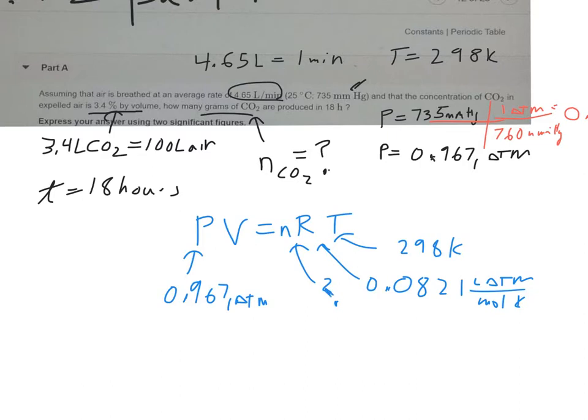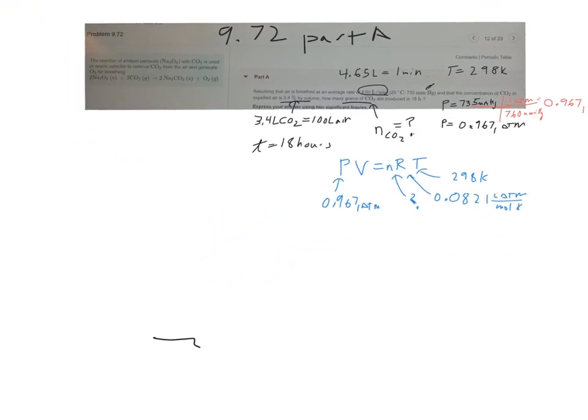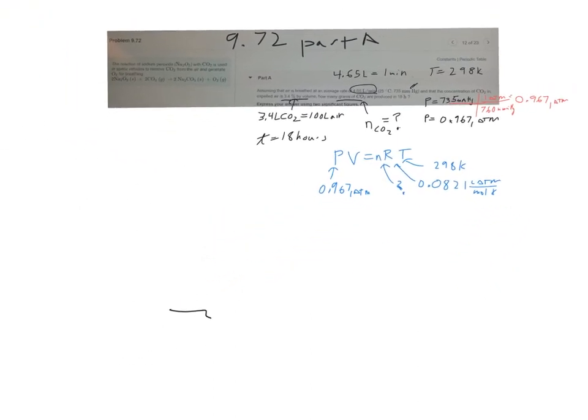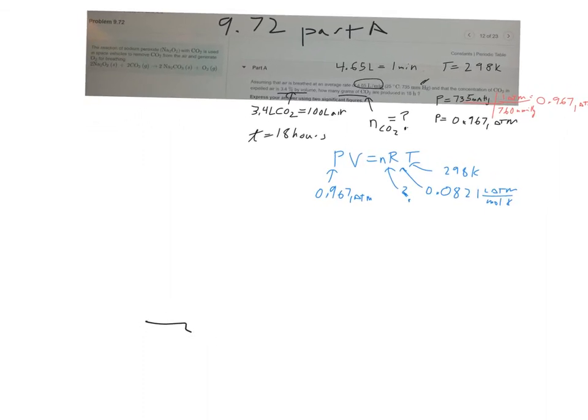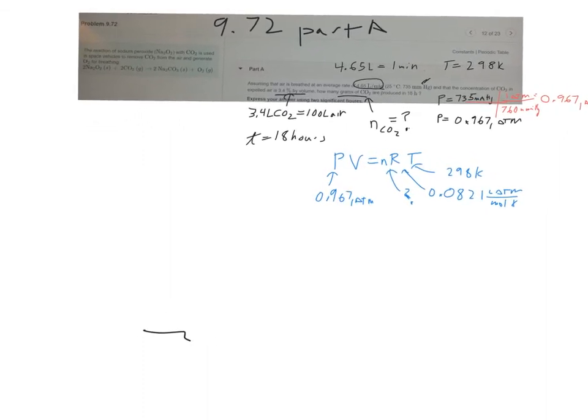And that volume is going to come in through a little bit of a cutesy maneuver here. They've given us time. Other than being huge Hootie and the Blowfish fans, why in the world are they talking about time? They're talking about time because they want us to get our volume of carbon dioxide from that time. And we're just going to treat it kind of like we were back in that first chapter. I've got 18 hours.